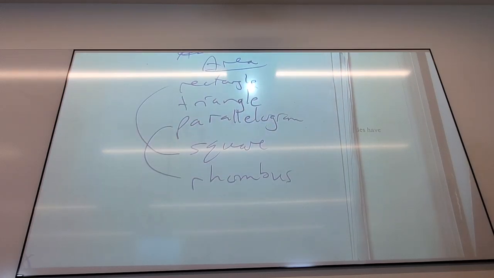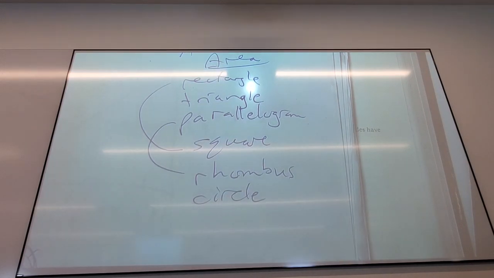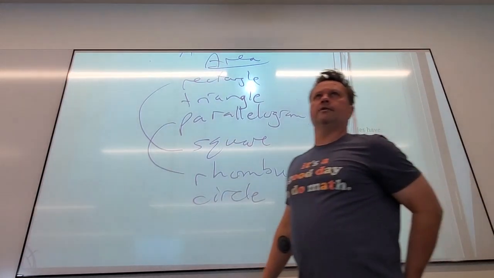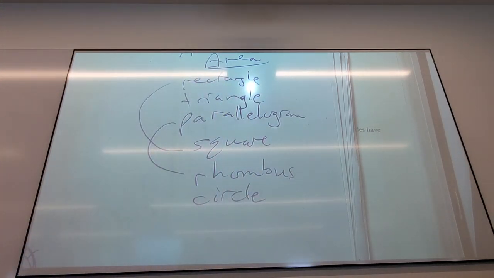I'd say those are the ones. Oh, and a circle. Those are the ones I'm going to expect you to know. You guys all with me? You should know most of these from before.